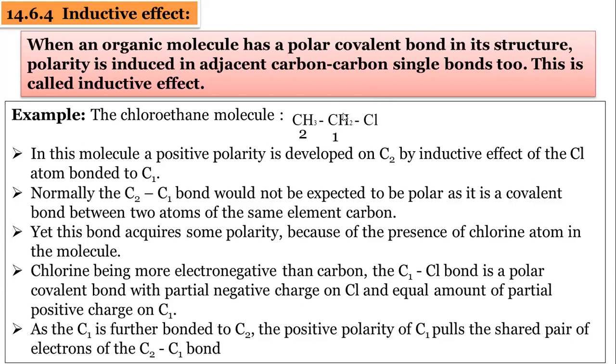I explained the positive charge here. It is developed due to this chlorine. See, this line is very important. An equal amount of partial positive charge on C1 here means this bond is polar because chlorine is electronegative. It will pull the electron.